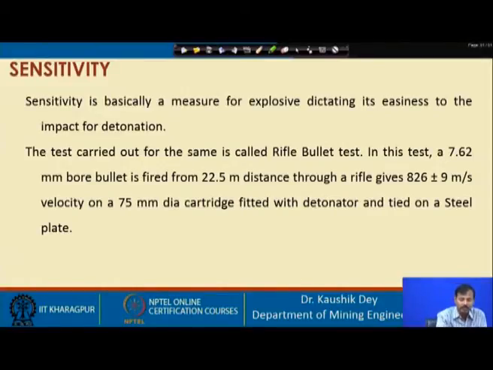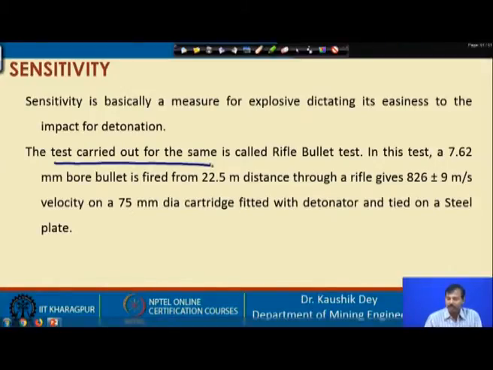So, for this the test carried out is called the rifle bullet test, where the shock is given by a bullet which is fired from a rifle. So, what is carried out in this test?